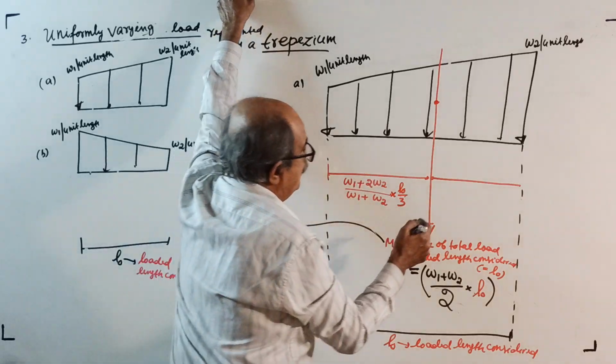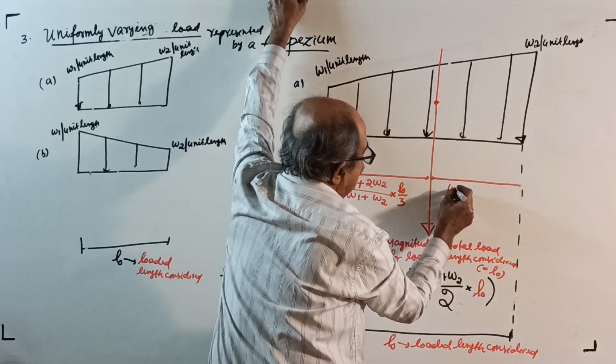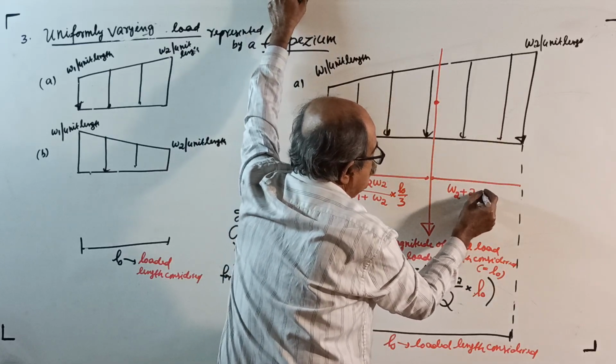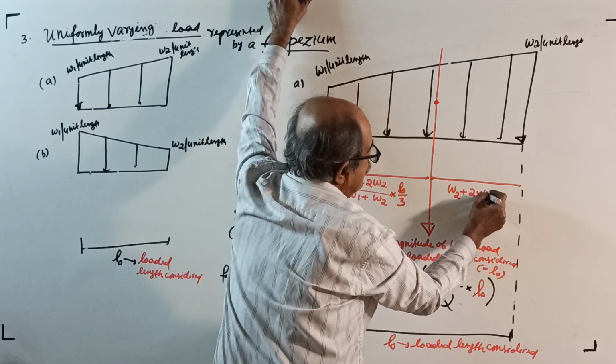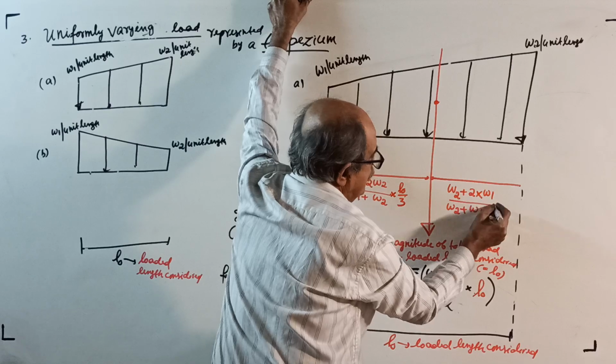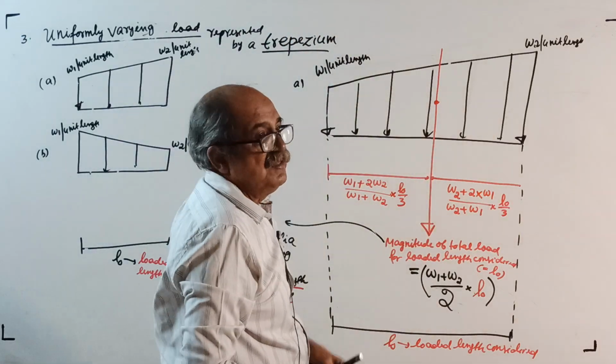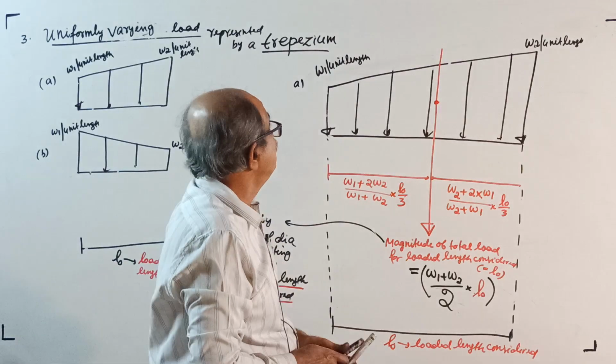From here, if you want it from this side, it is W2 plus twice of W1 divided by W2 plus W1, into L0 divided by 3. It's one. Now, you can make a note.